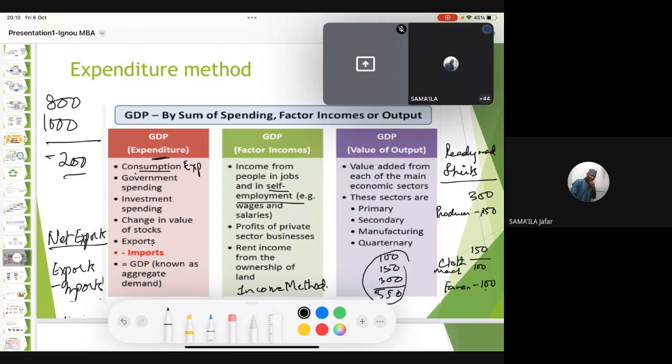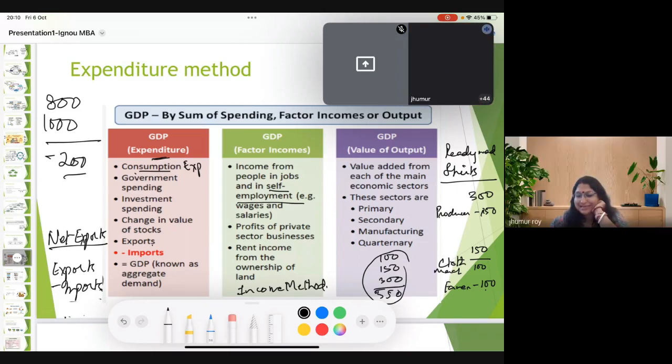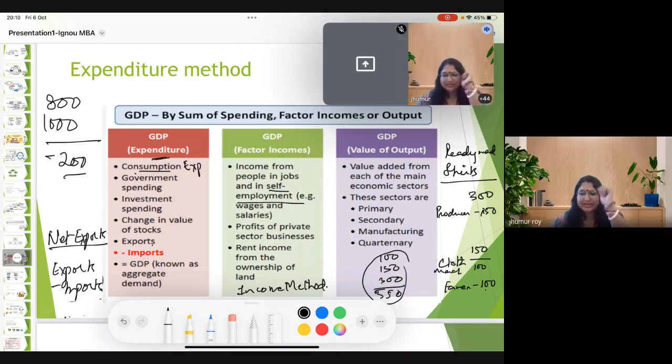Now, when I want to see income, I told you we add the income of all the people. So I said the farmer is earning 100 rupees. How much is the cloth merchant earning? 150 rupees, because he's selling the thing for 150. How much is the producer earning? 300 rupees, because he has made ready-made shirts.